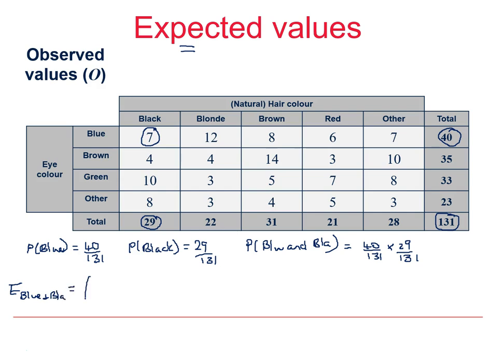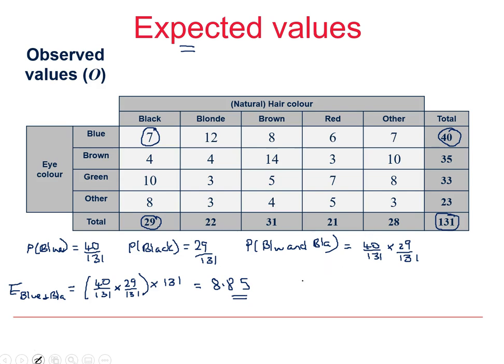Well, that would simply be that fraction of our total 131, and that gives us 8.85. It's very important at this point to realize these are just expected values. They're theoretical. They're not going to come to integers, and you shouldn't round them to integers. In general, theoretically, we would expect 8.85 people out of 131 to have blue eyes and black hair.